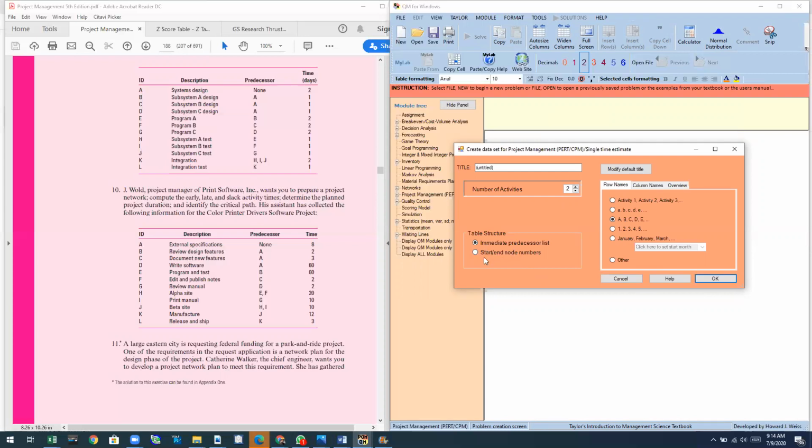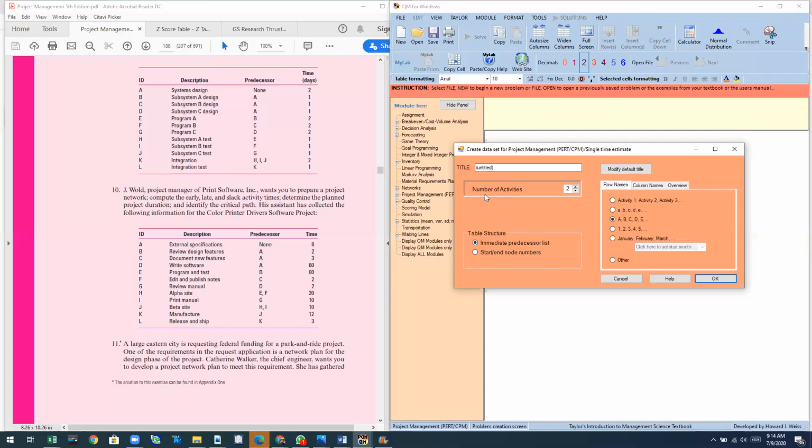This would be appropriate for the activity on arrow structure, AOA, where the activity is represented on the arrow. Then we will use start and end node numbers. But here, the activity is on node, so we can use the immediate predecessor list.